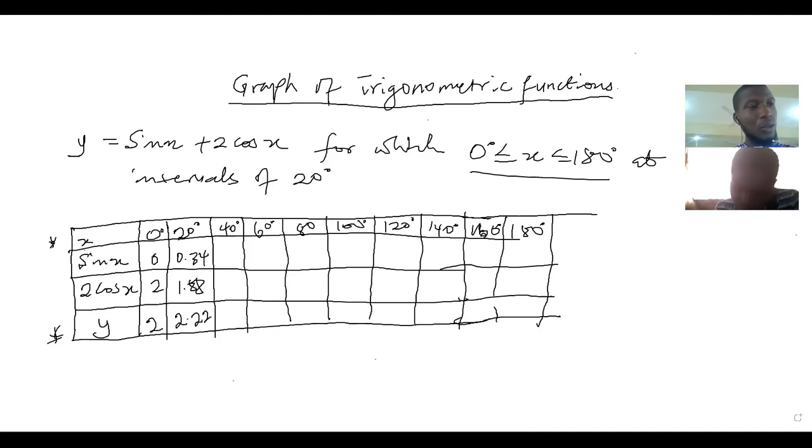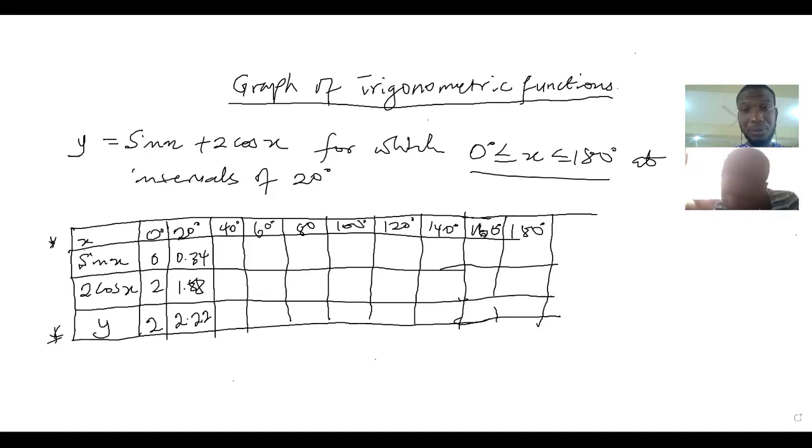Let's address that. What did you get for sine 80? 0.98, not 0.99. Did you approximate it well? Let me check.